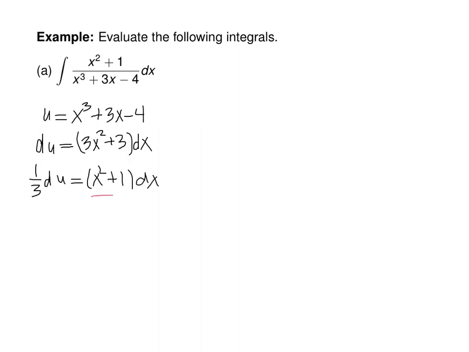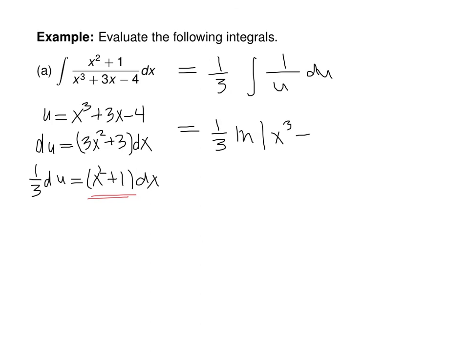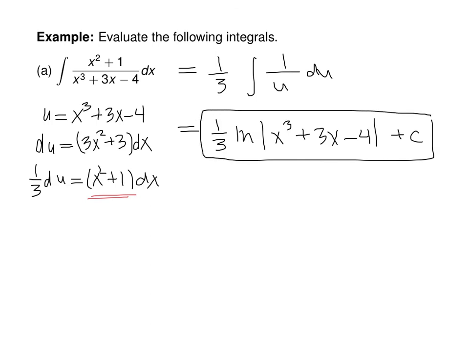And because this appears in your numerator, this can just become 1/3 of the integral of 1 over u du, which is 1/3 ln absolute value of u. U is x to the third plus 3x minus 4 plus c. So just be aware of that. That only worked because when I differentiated the denominator, my u substitution, I got a constant multiple of the stuff inside the numerator. And let's try another one.